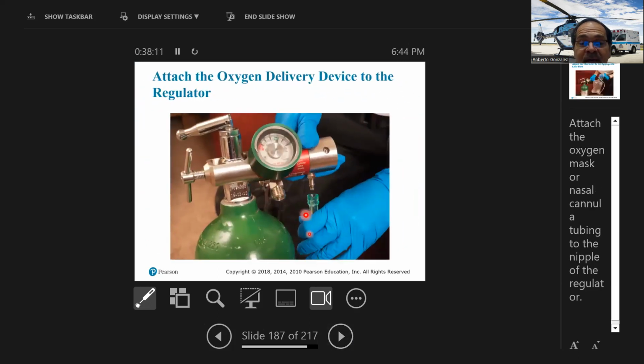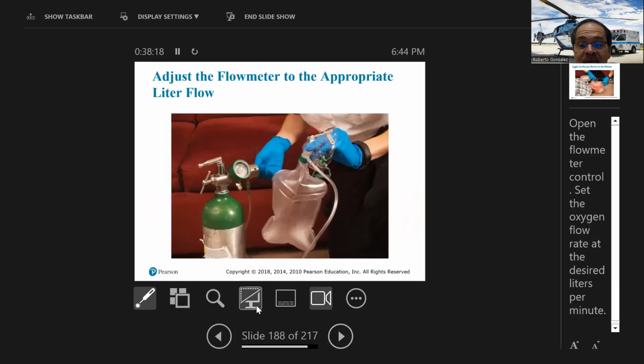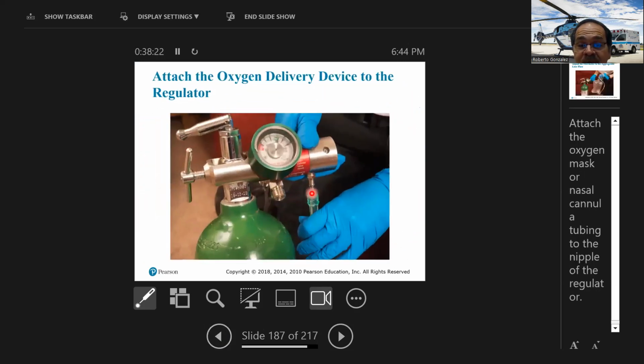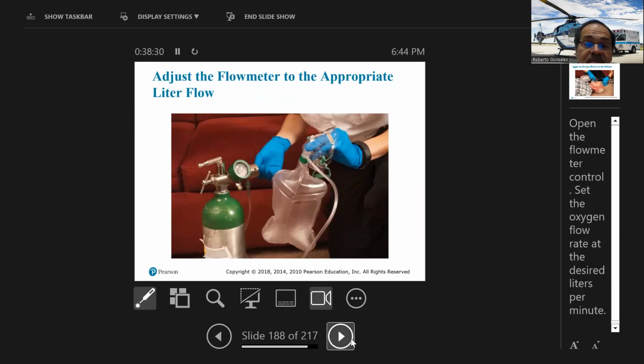So at this point, you attach the device. You crank it to whatever level you want. In this situation it's at 0 right here, but you crank it open, let's say to 15. Okay, now at this point, this is a non-rebreather mask.